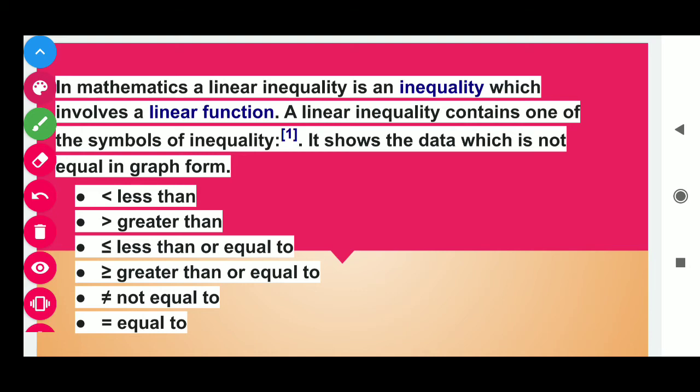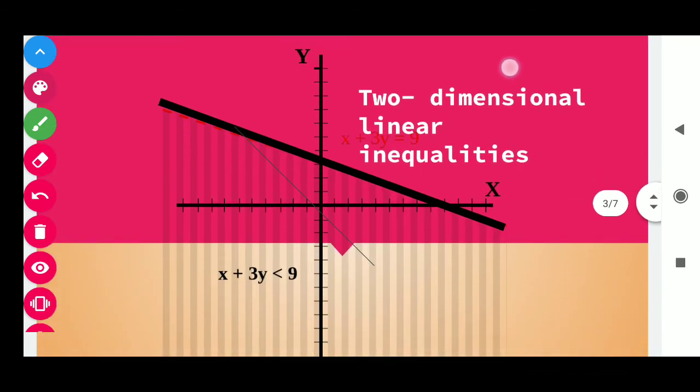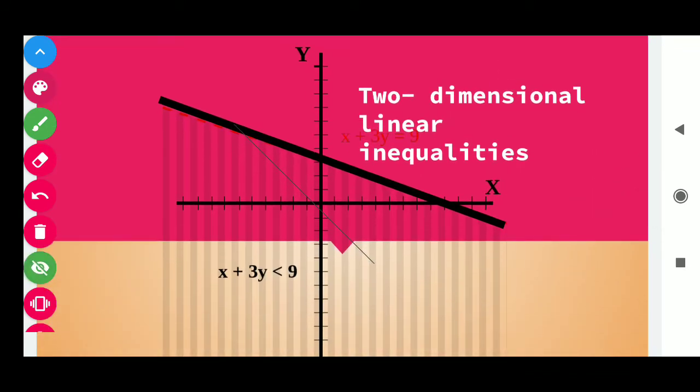Okay, so students, move to the next. You can see here that in two-dimensional linear inequalities, here is a line x plus 3y less than 9. Students, we know that if we have to draw a line in the graph, then we need 2 points to plot the line.